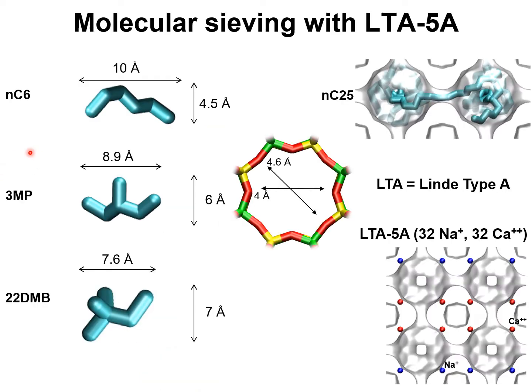The simplest approach that can be adopted to separate hexane isomers is to exploit the principle of molecular sieving. If we use an adsorbent such as LTA 5A zeolite, LTA stands for Linde Type A, and LTA 5A zeolite contains 32 sodium cations per unit cell and 32 calcium cations per unit cell.